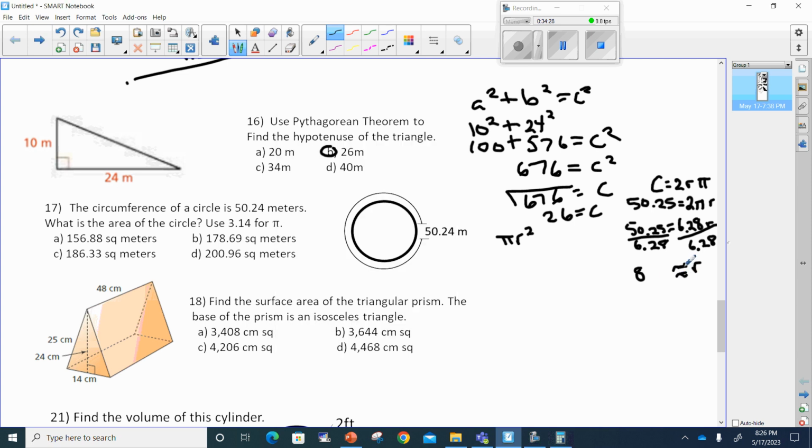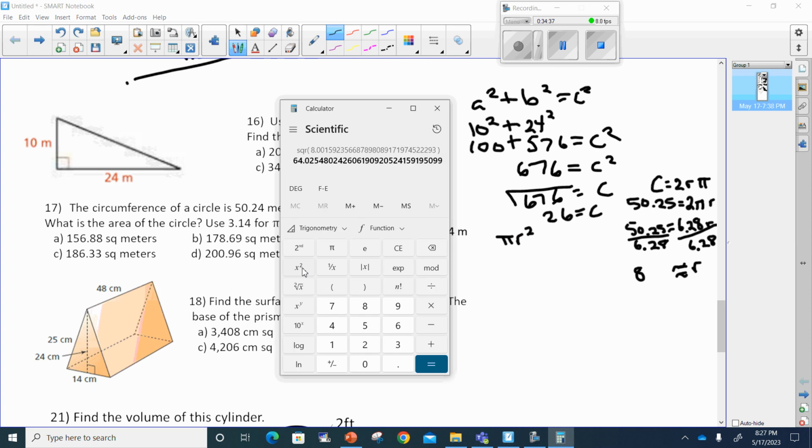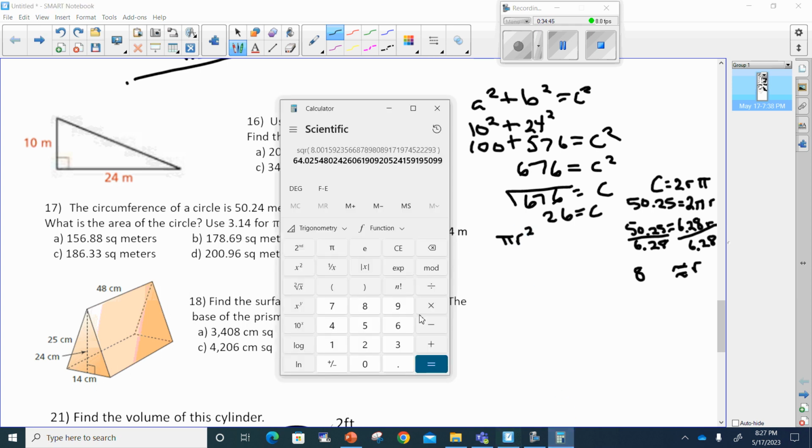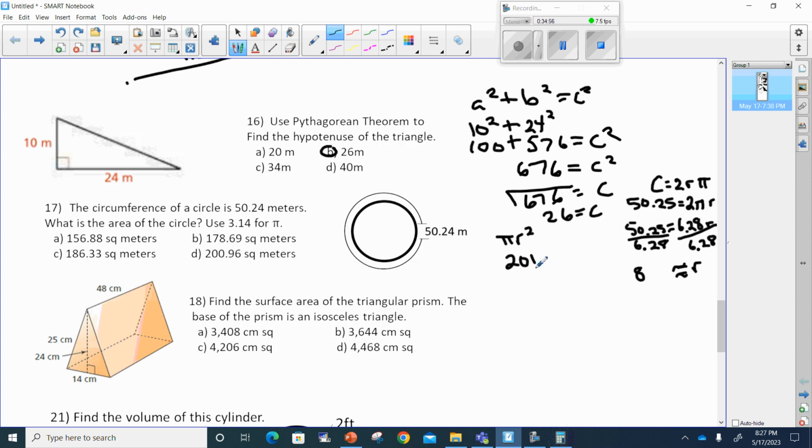If I took that radius now, remember, I have to find the area. I'm going to have to square it. So I can take this radius and square it, okay? And then I multiply that by 3.14. That's going to equal about 201.04.